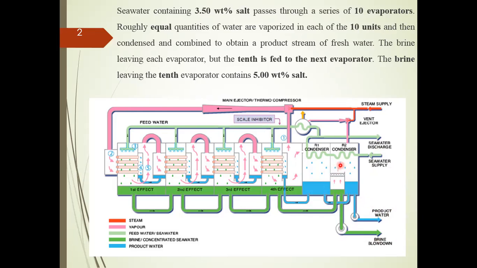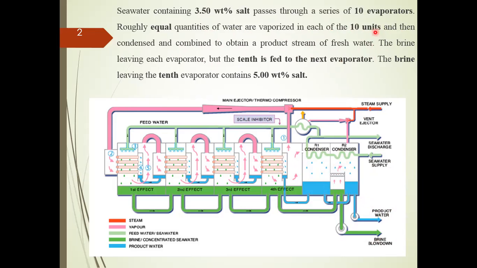Let's see. Roughly equal quantities of water are vaporized in each of the 10 evaporators. In almost all these 10 evaporators, the same amount of water is evaporating, that is 0.1. If we have 10 evaporators, then 10 divided by 10 gives a 0.1 fraction. The vapors are then condensed and combined to obtain a product stream of fresh water.